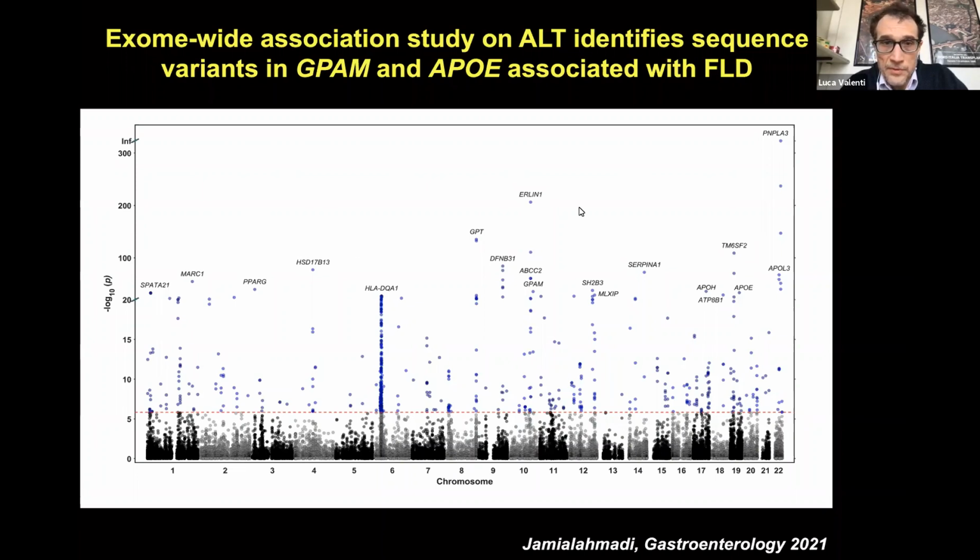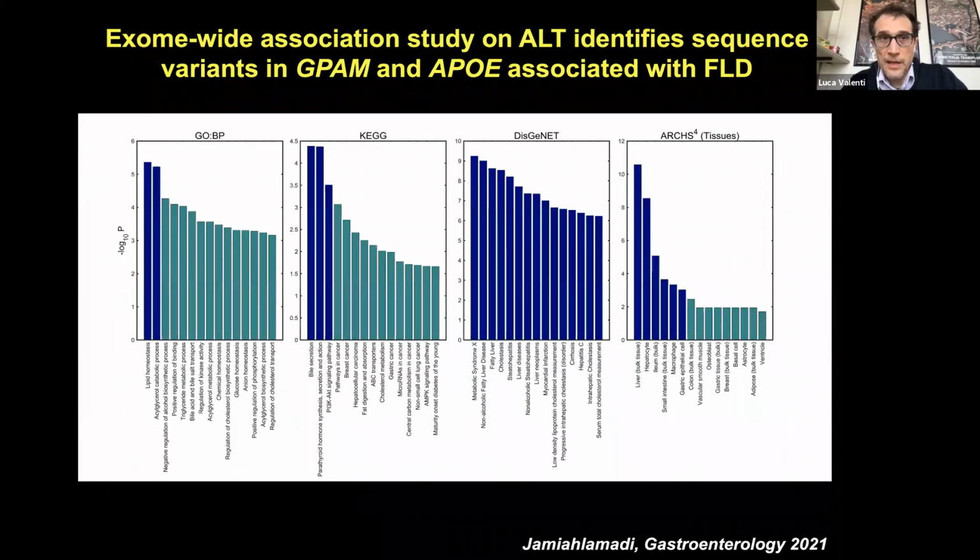We also observed the impact of HSD17B13, which I showed you before, an important determinant of fatty liver disease, and as positive control, for example, the alpha-1 antitrypsin main mutation as well. But we identified almost 91 new loci associated with increased ALT level.